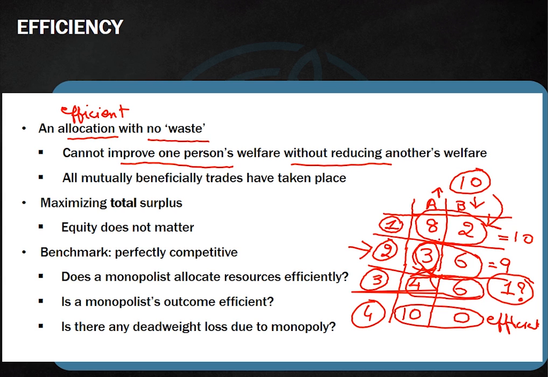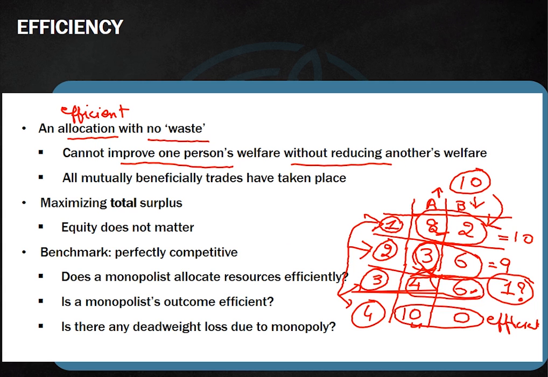Of course, you can immediately see that the equity in these three allocations is very different. Here person B is getting a higher amount, here person A is getting a higher amount, and here person A is getting everything. But if we apply this definition, we cannot improve A any further, since all 10 rupees are with him.